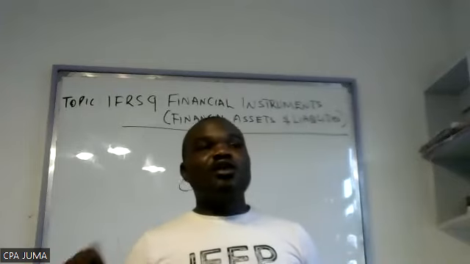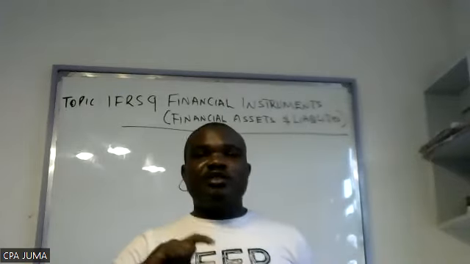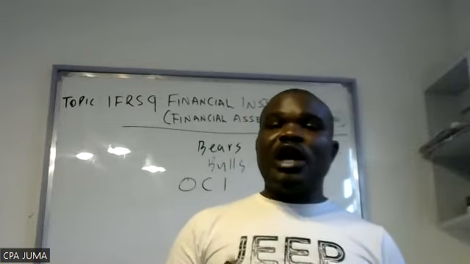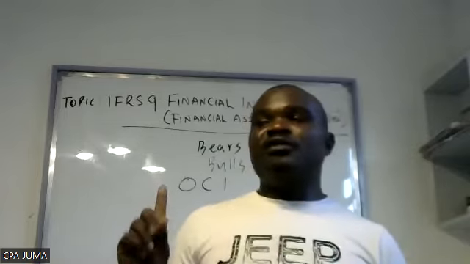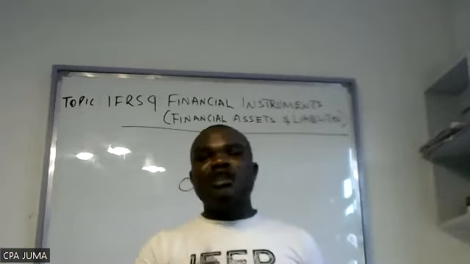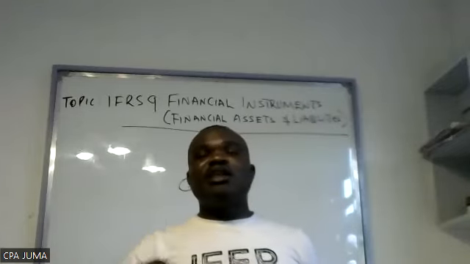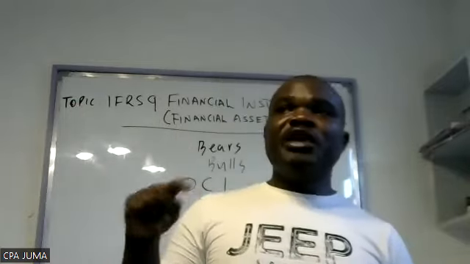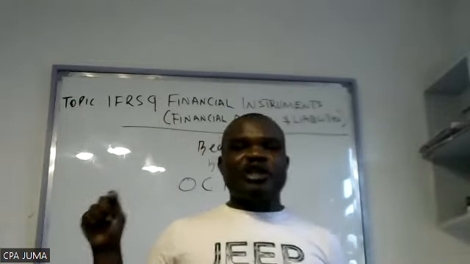But the ones which are long-term, the ones which are normally measured through other comprehensive income, initially fair value. Actually, initially all of them you take at fair value. But in the subsequent periods, you take them at what we call amortized cost. So that brings a question, what is amortized cost?